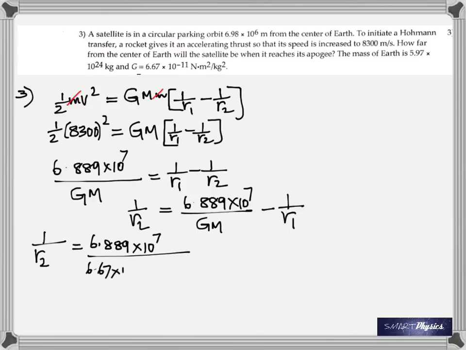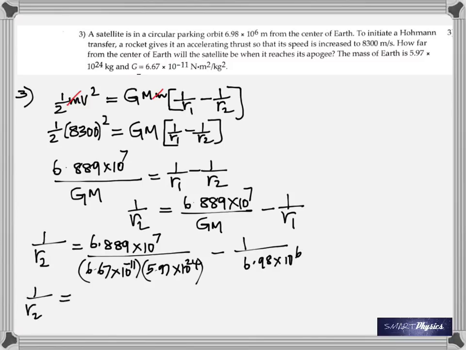Finally, I substitute the constant and the mass of the Earth, minus 1 by the radius of the parking orbit. You have to be careful when you calculate that. So I've calculated those separately.